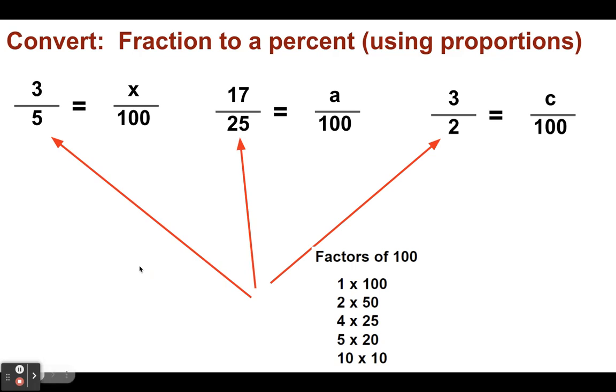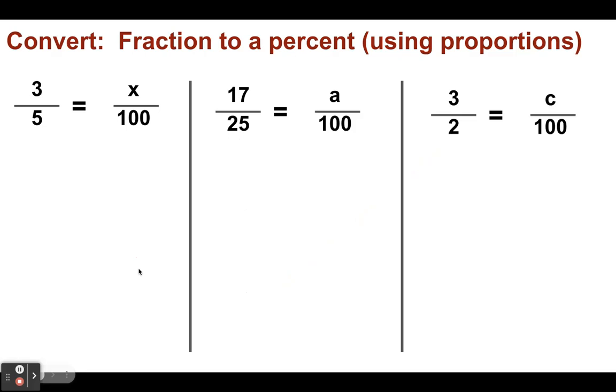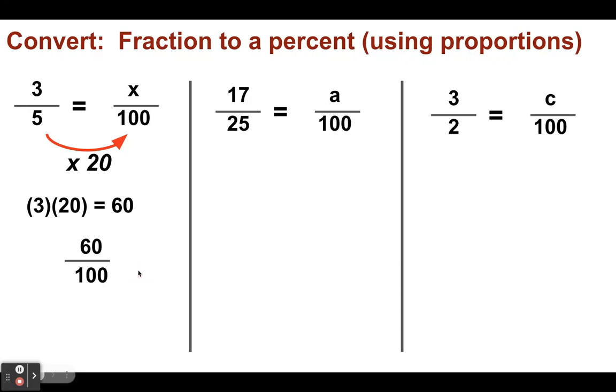Let's find that missing number. Well, 5 times what is 100? It's times 20. So I do the same to the top. 3 times 20, I get 60. So that means it's 60 over 100, and that percent is 60%. Same thing here. 25 to 100, that's times 4. 17 times 4 is 68.